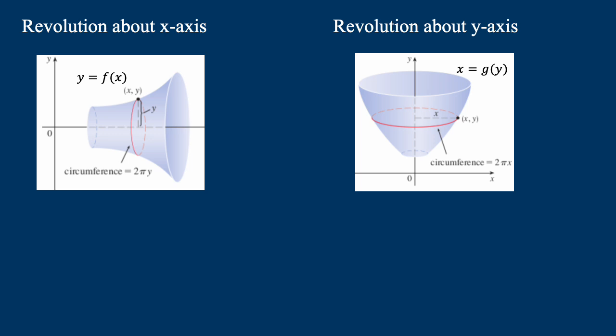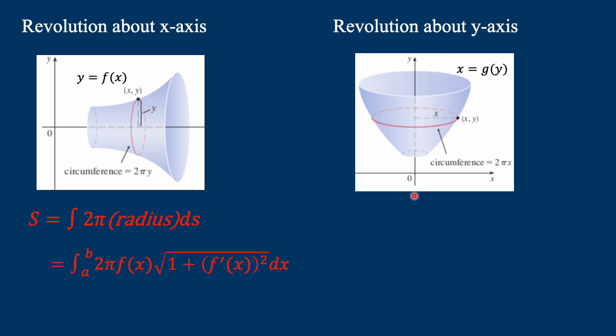First, if the curve is written as y equals f of x and rotated about the x-axis, we have the integral of 2 pi radius ds. The radius is f of x, and ds is the square root of 1 plus f prime of x squared dx. The interval is x from a to b. That's what we have for surface area.